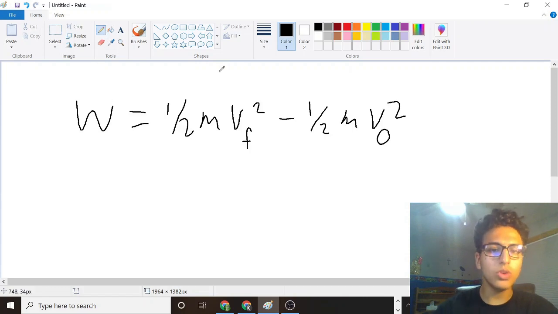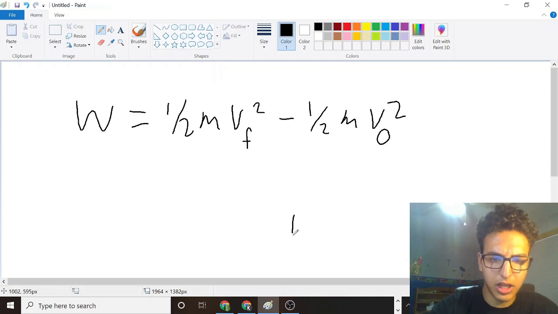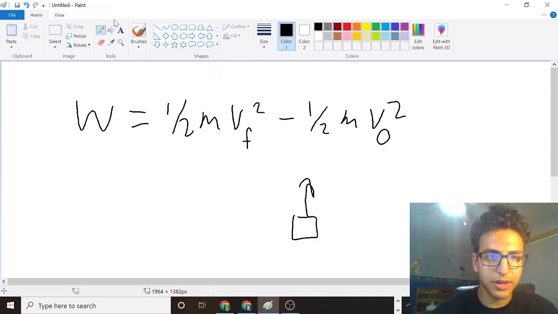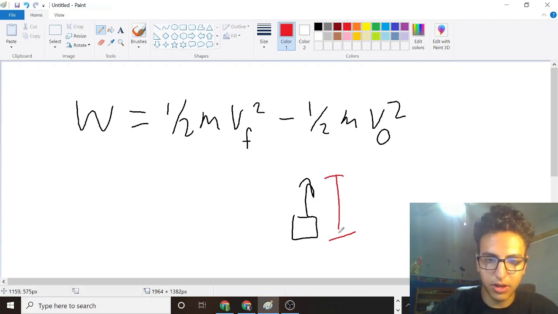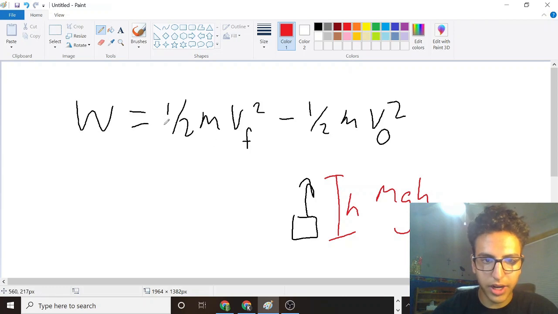So we know that the work done to lift an object up to a certain point h is equal to the change in gravitational potential energy, or mgh.